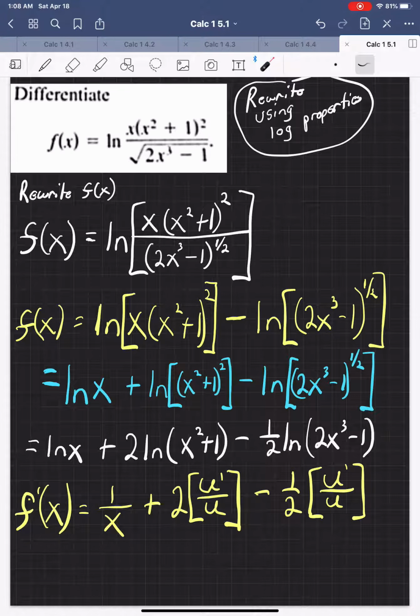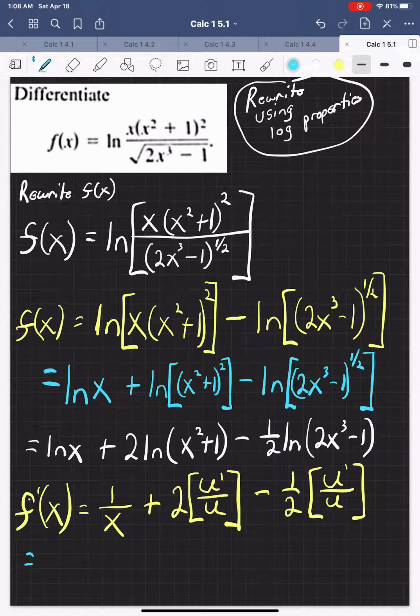All right, so in this case, you would let u equal the x squared plus 1, and then u prime would just be 2x, and then over here, you would let u equal 2x cubed minus 1, and then u prime would end up being 6x squared. So let me go ahead and write that.